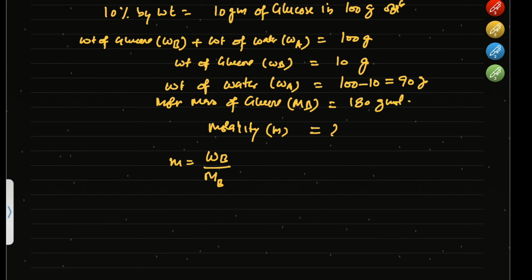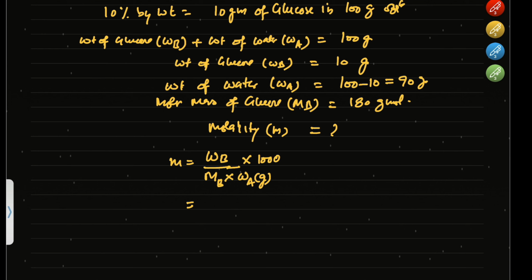This whole becomes moles. So moles of solute and weight of solvent represented by WA in gram. Then the whole formula is multiplied by 1000. Put the value of each symbol.